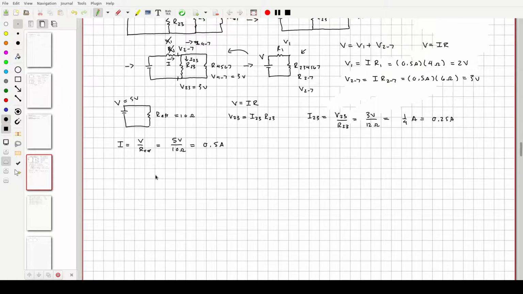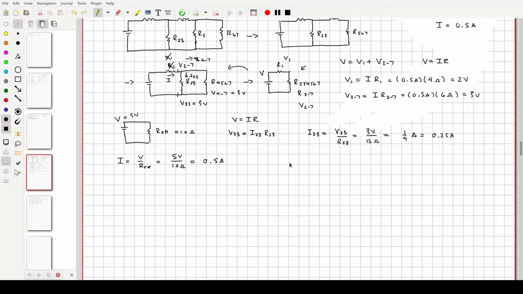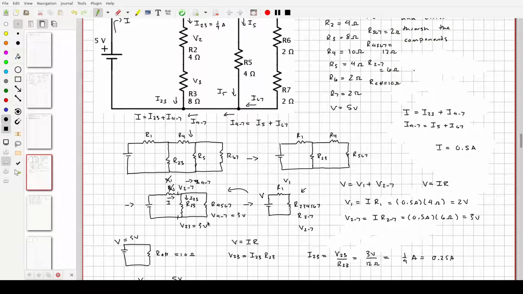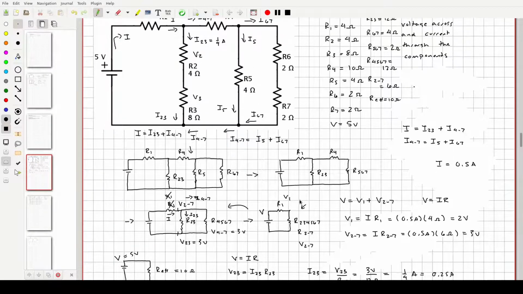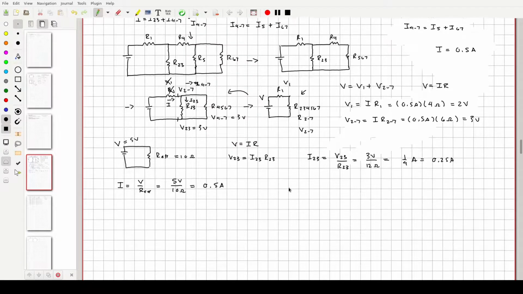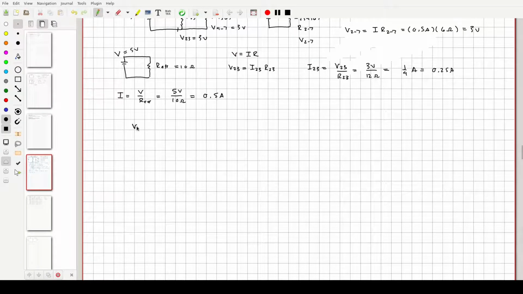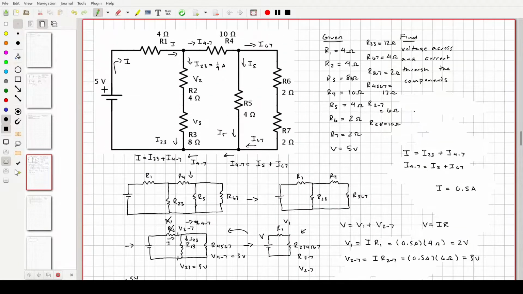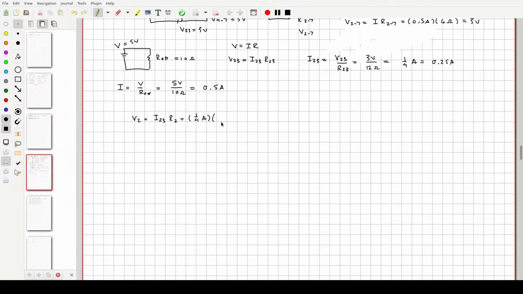So if I follow the same Ohm's law approach that we did for our reduction in complexity here, noting that we know what I23 is, finding V is pretty easy because we know what R2 and R3 are. So V2 is going to equal I23 times R2, which is 1/4 of an amp times R2. And what's R2 equal to? 4 ohms. R3 incidentally is equal to 8. Let's remember that.